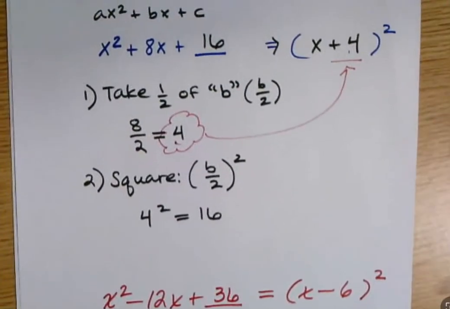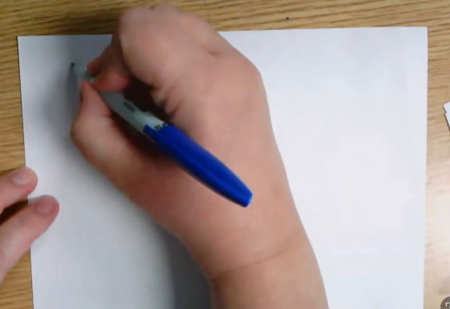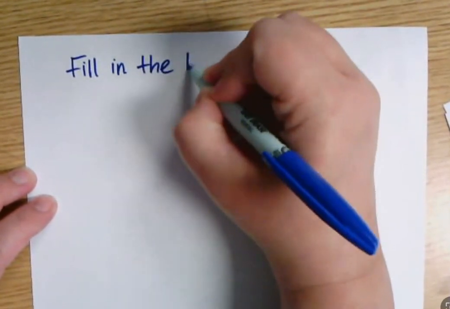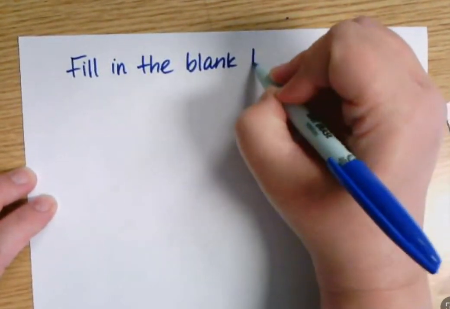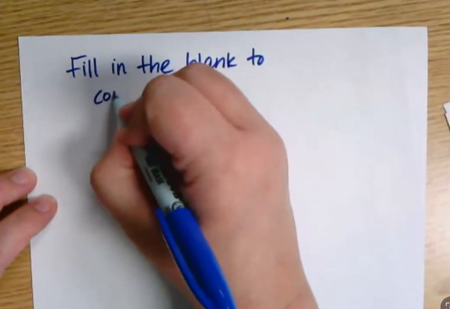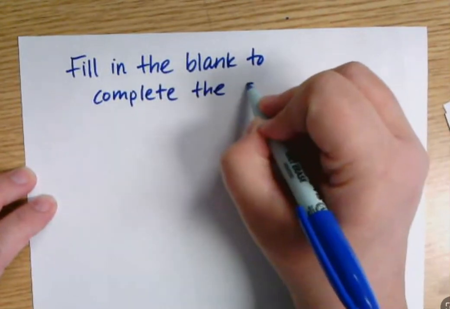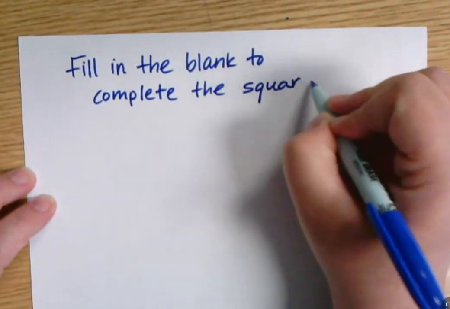Okay, let's try a few more. Make sure you have some scratch paper handy because I am going to ask you to number your paper 1 through 10 and start writing down answers. Okay, so we're filling in the blank to complete the square. We're making a complete square, which means something that can be written as something squared.